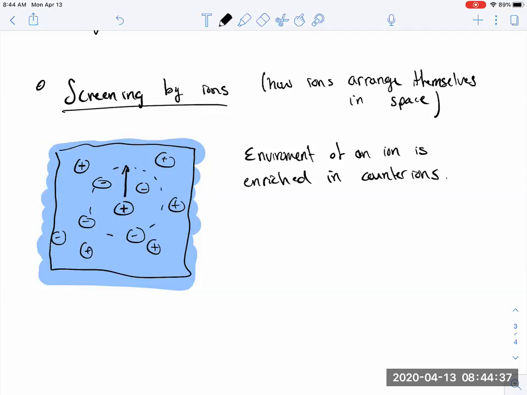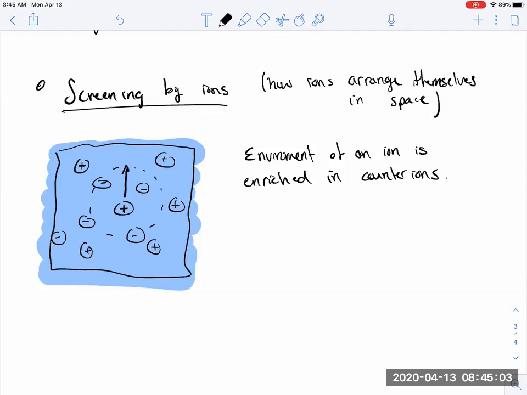In fact, if I were to take in aggregate some region of the fluid, we know it has to be overall charge neutral. So that means that at large enough distance away from any arbitrary tagged ion, there is a distance beyond which I see effectively a neutral patch of fluid.